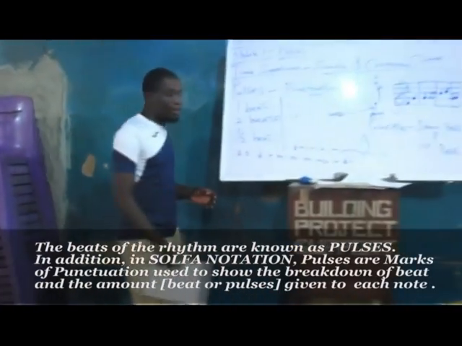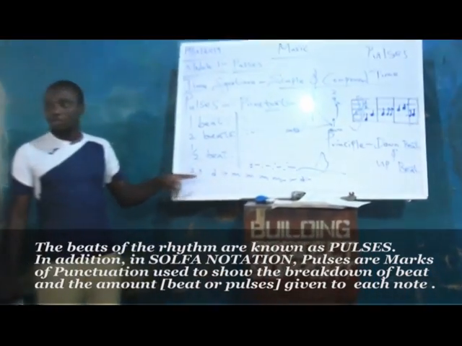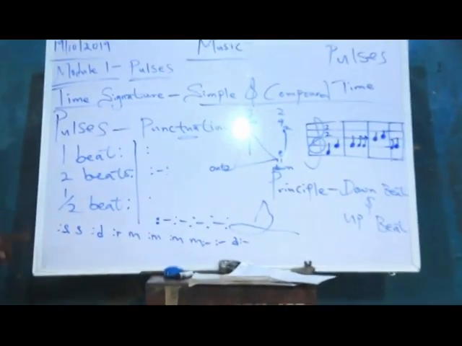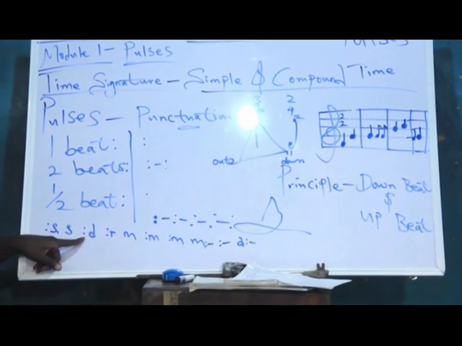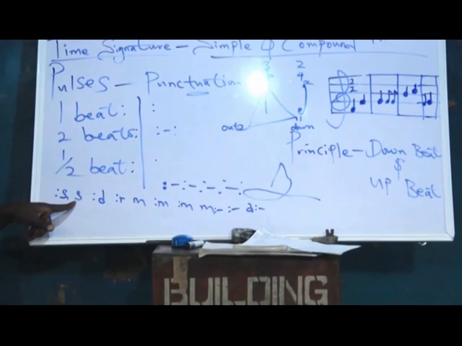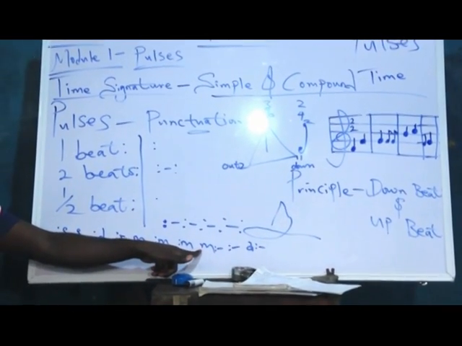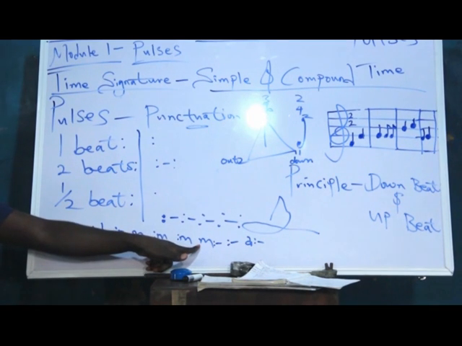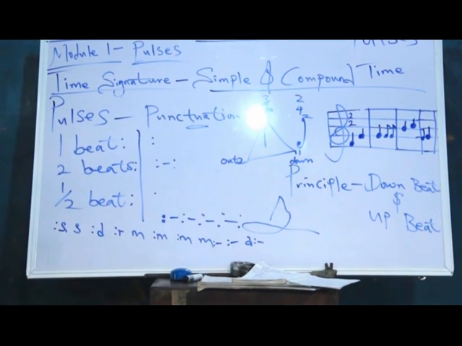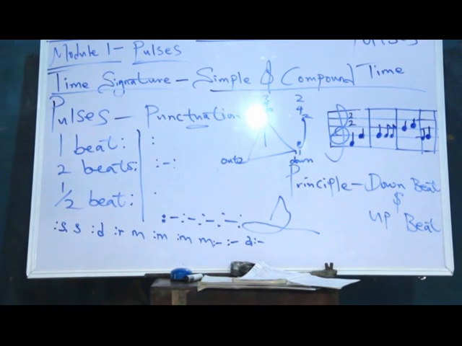Yes. Now, look at this. Now you see, sometimes you see some sofas, they don't have alterations by them, like this. Have you observed that? No. Have it in mind that they are also used as down beats on sofa notation as one beat. So you don't confuse yourself.